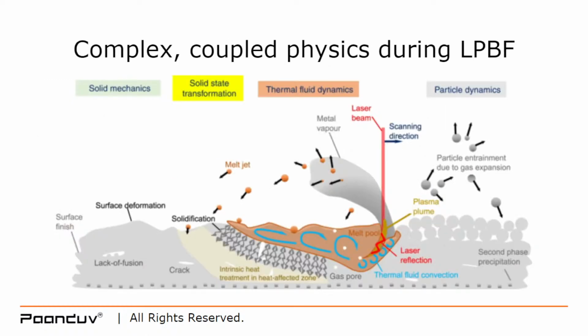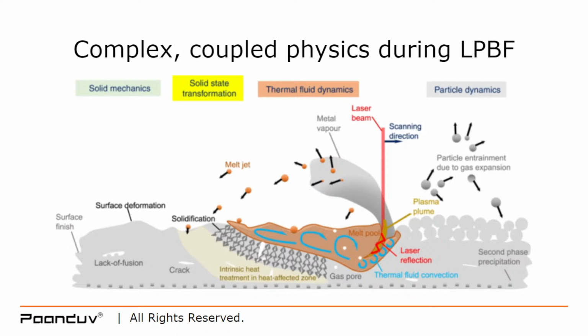Okay. In terms of physics, it's a very complicated coupled physics. LPBF processes involve solid mechanics, solid state transformation, thermal fluid dynamics, and particle dynamics. Especially around the melt pool area, you will see a lot of activity going on. For example, you will see some laser reflections when the laser beam hits the melt pool.